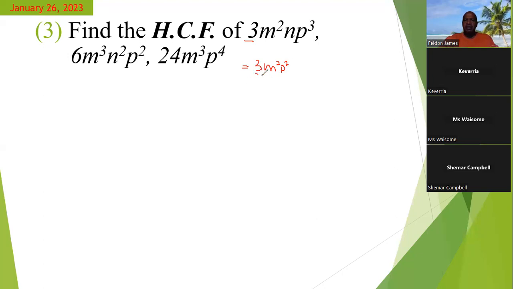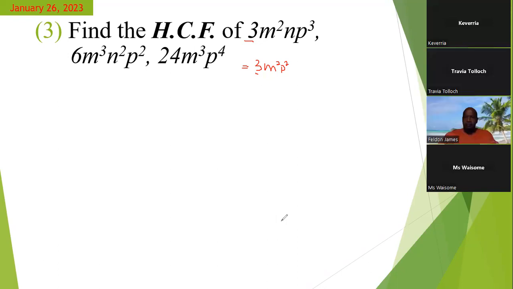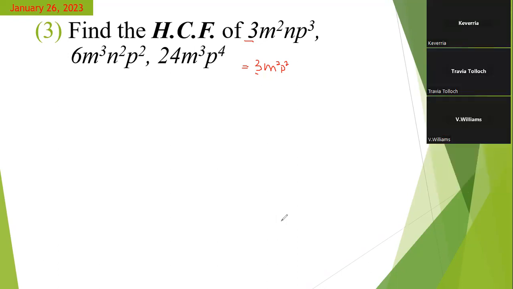So clearly then, our HCF here is just 3m squared p squared. Everybody see that? Let me see the hands if you are okay with this. Okay, good.